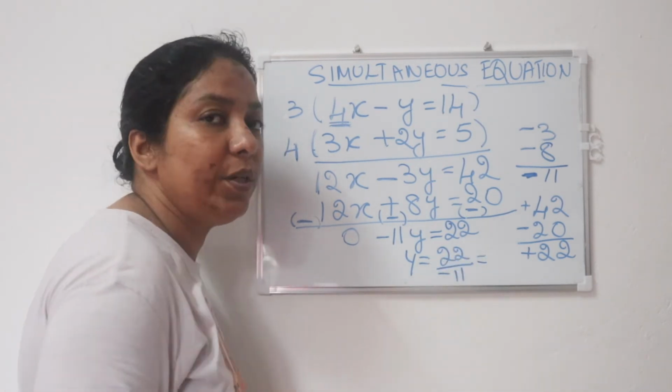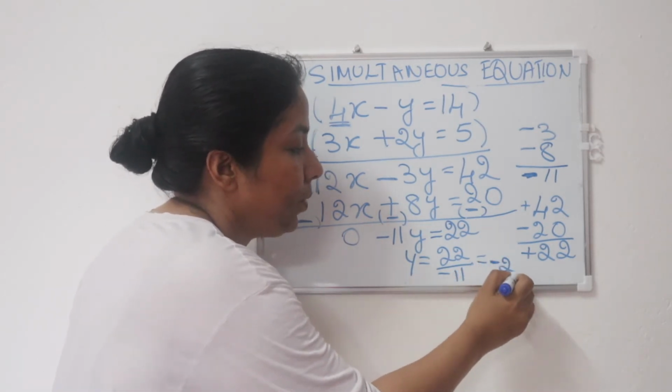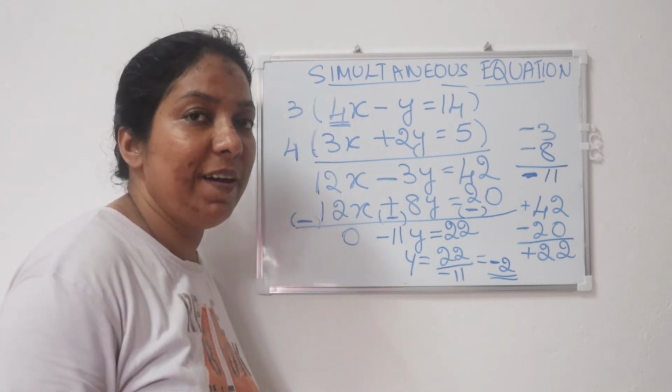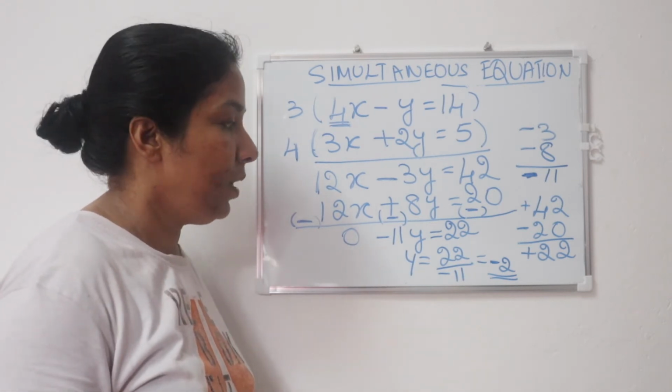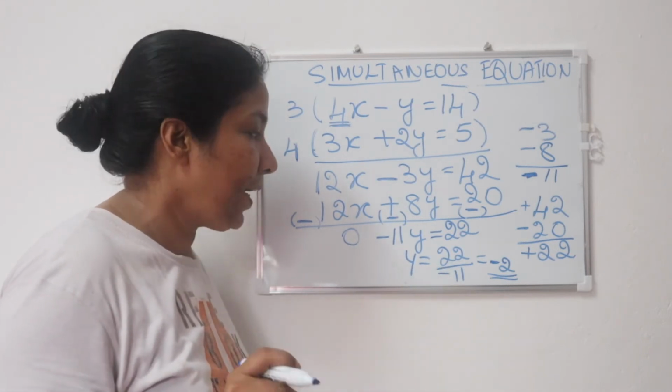So 22 divided by negative 11, the answer is negative 2. So we got the answer for y: y is equal to negative 2.